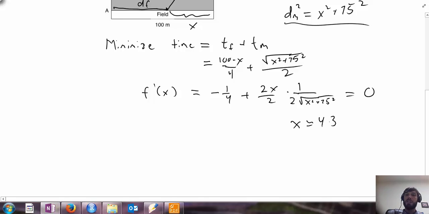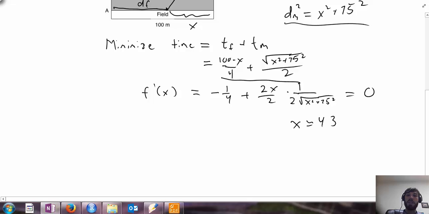Okay. So once we have this x, we want to do two things. We want to figure out what the time would be up here, right? So we want to plug this x back into here and figure out, will we beat the 60-second mark given in the problem? And second, we want to use this to figure out how long we should run on the field. Of course, that part's easy because we just subtract this from 100, right?